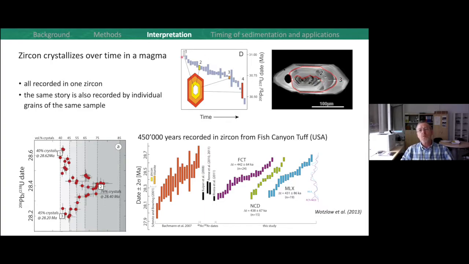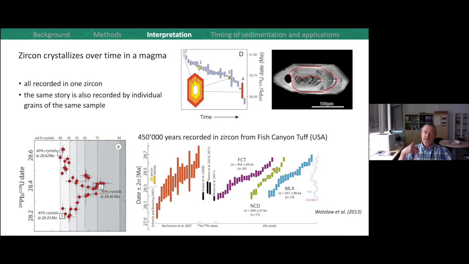And we can also hope that when we analyze grains, we may find a grain which is enriched in the first growth phase, another zircon which is enriched in the second, so mostly grew during the second or during the third, or maybe the fourth could be this very thin rim here. So we end up with an age distribution, something like this Fish Canyon tuff, a huge magma system, several different samples, they show zircon growth over 450,000 years.